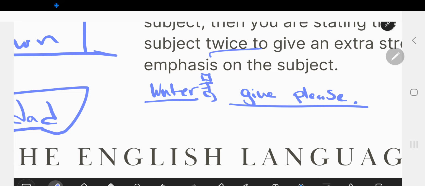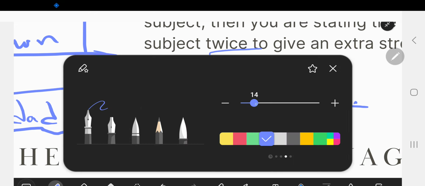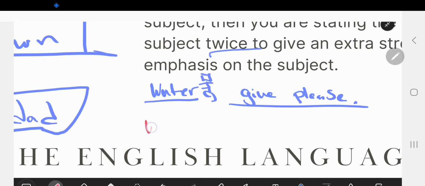And that's fine. But what if I add the object particle on it? So what if I say something like water? And now we already know what water is, so I'm going to write it in Korean. 물. Now the object particle. Now, give please.